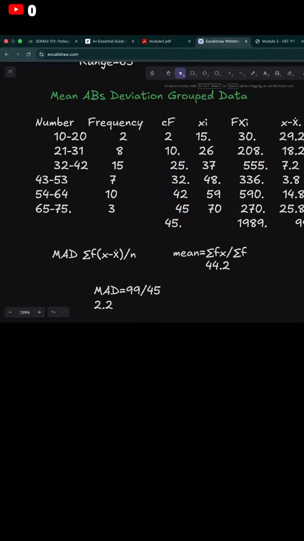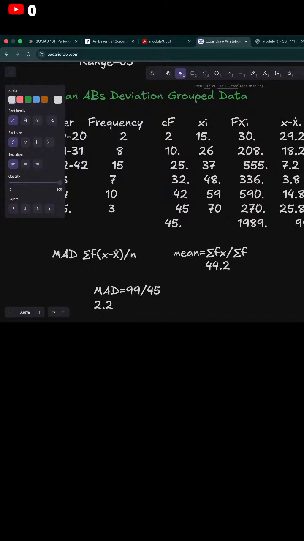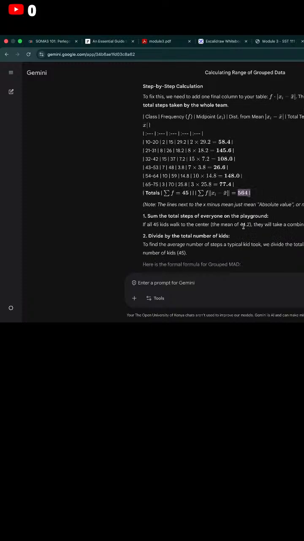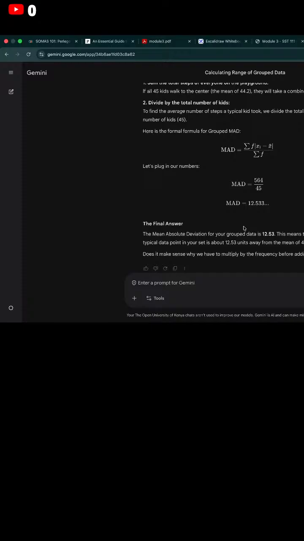So we should get 564, which we divide by 45. And the answer should be 12.53. Yep, that is okay.